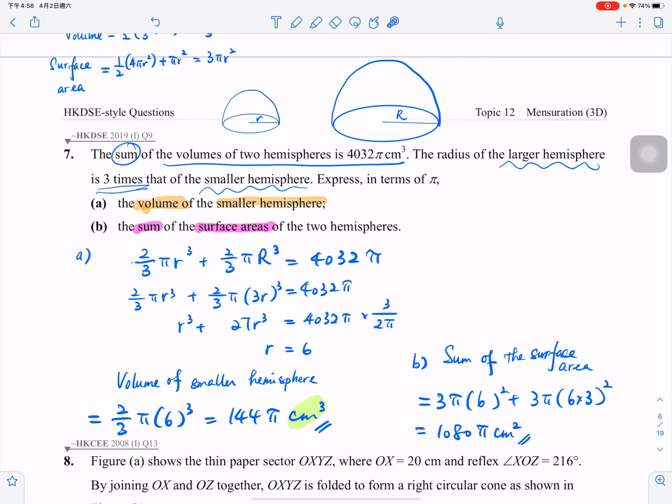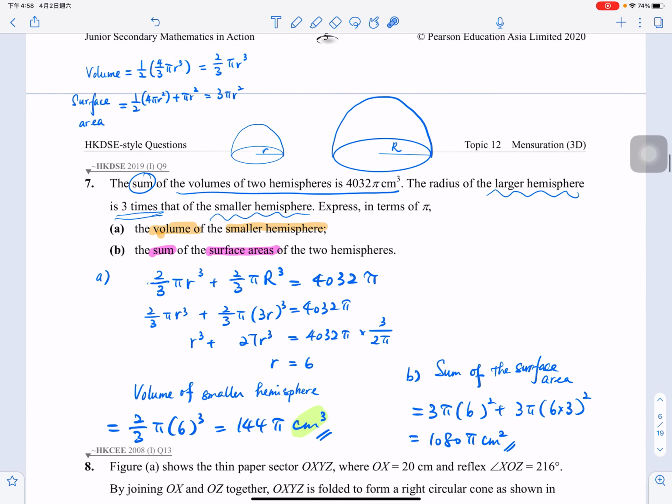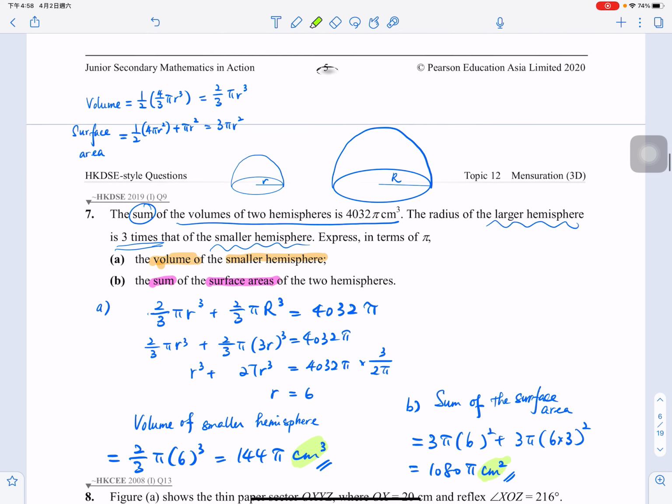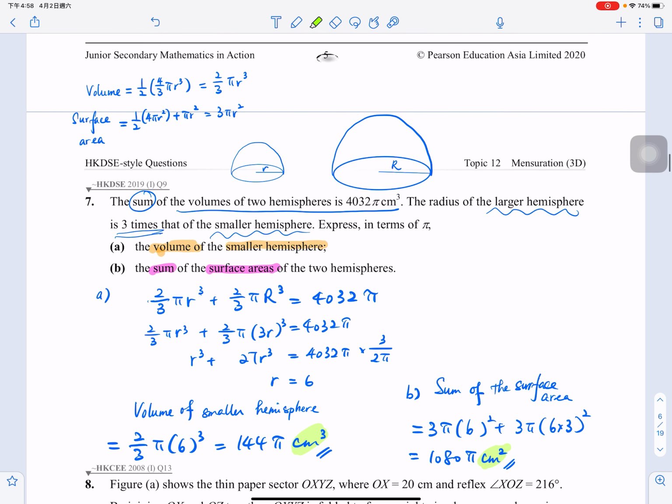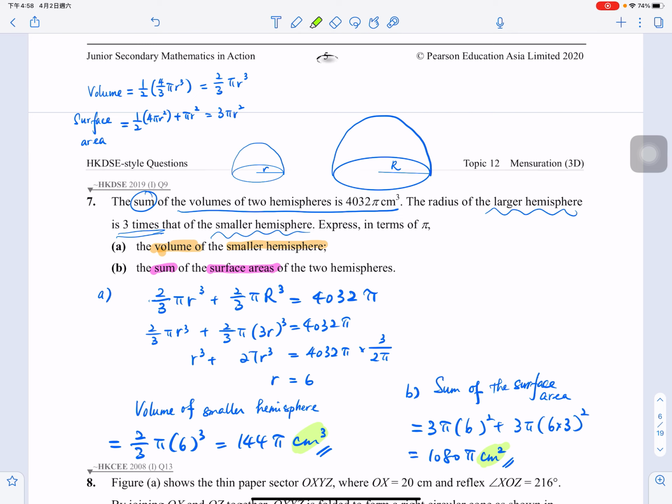So at the end, 1,080 pi cm square. Again, this is a surface area, so you write down the units of the surface area, cm square. Okay? So I hope you understand the simple relation and the simple question about the volume and the surface area of the solid.